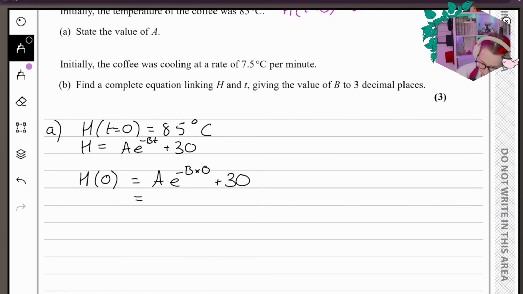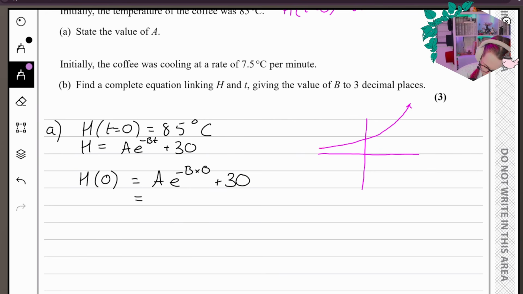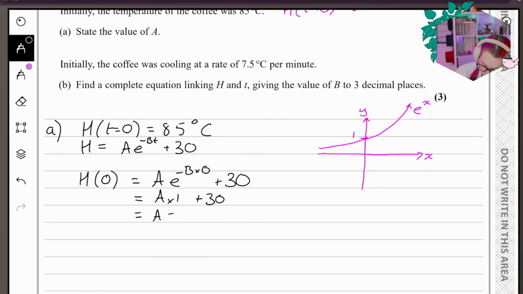So e to the power of anything, e is the graph that looks, as I said, like the inverse of the logarithm. And it looks like this. Y, x, e to the power of x. So when x is negative, it's over here. When it's positive, it's over here. But e to the 0 is 1. So this is A times 1 plus 30. So A plus 30.